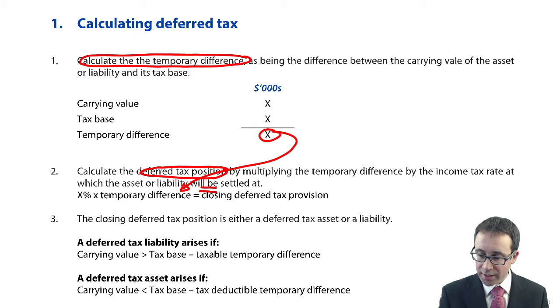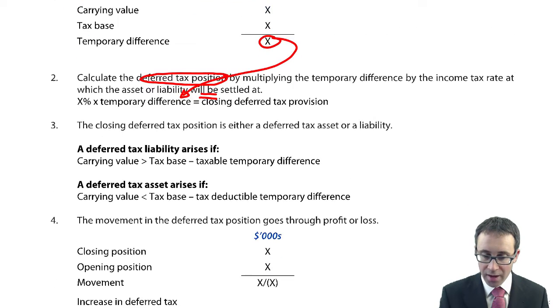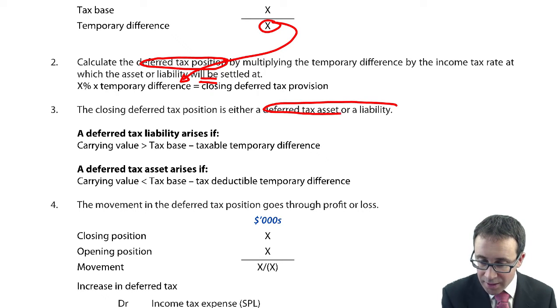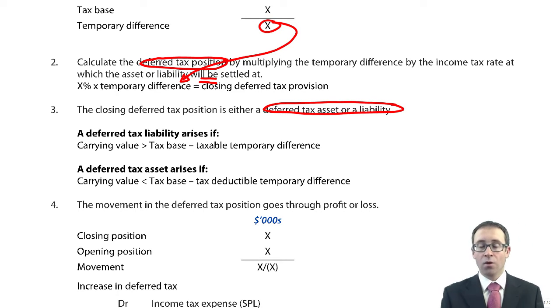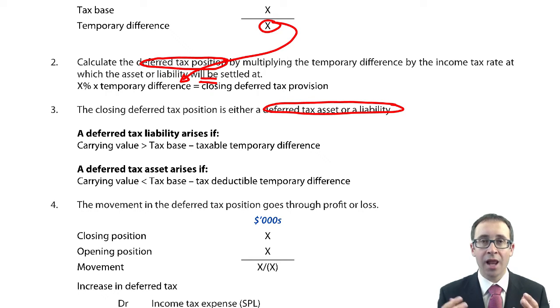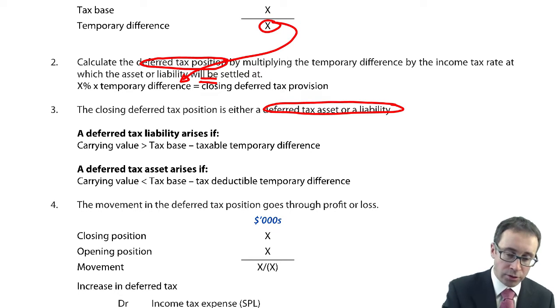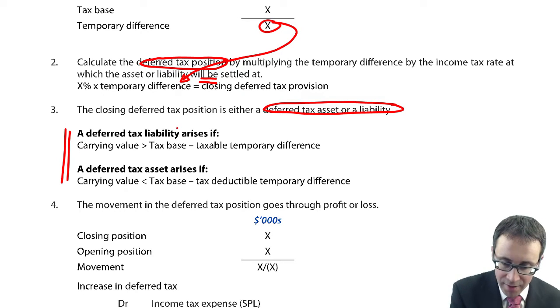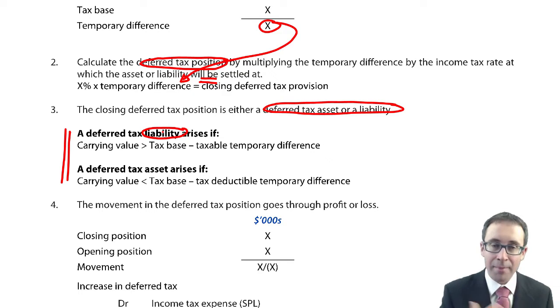Once you've got your deferred tax position, we then go through there and work out whether or not it is a deferred tax asset or whether it is a deferred tax liability. And they're the rules that hopefully you will have remembered. Can you remember them? So remember, the carrying value, if it's greater than the tax base, then you have a deferred tax liability.